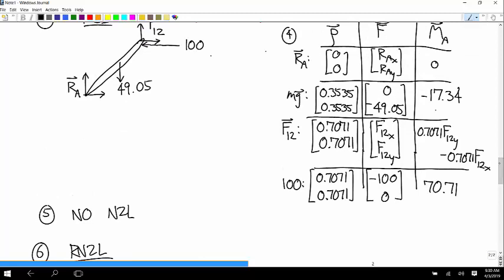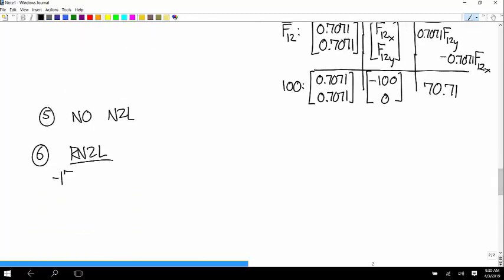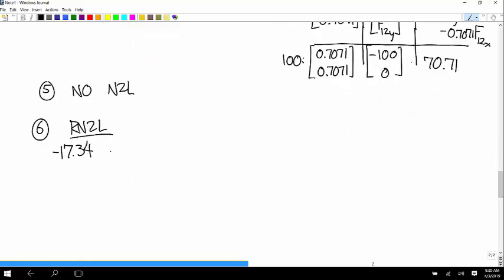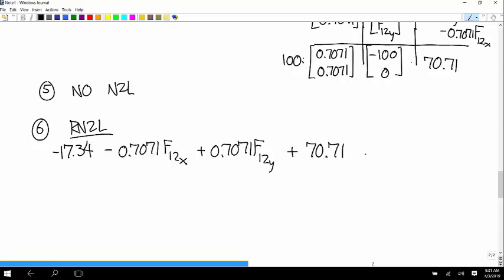So that says negative 17.34 minus 0.7071 F12X plus 0.7071 F12Y plus 70.71 is equal to the mass moment of inertia, 1.6 repeating, times the angular acceleration of body 1.